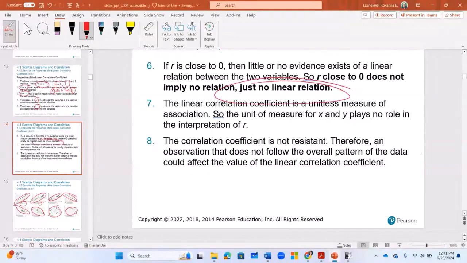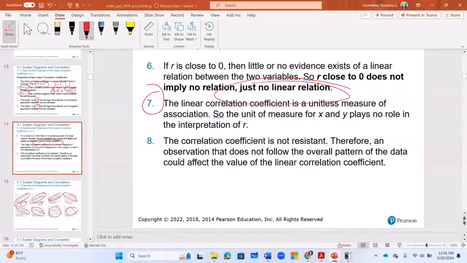That you cannot say no relation, because if there's no linear relationship, there could be a quadratic relationship, there could be exponential, there could be logarithmic. So there are so many regression models, but the only one we are doing now is linear regression. We are doing only linear regression analysis.